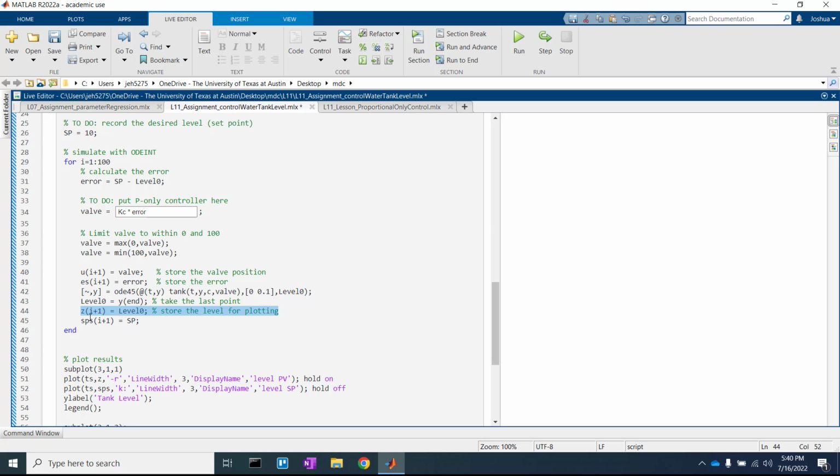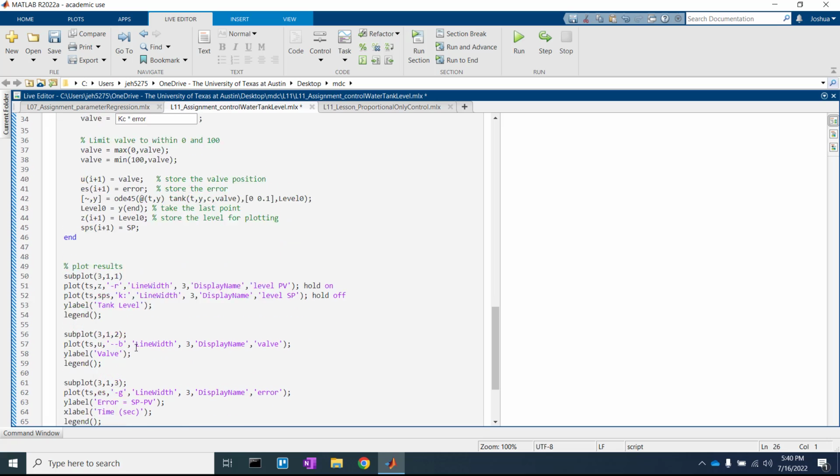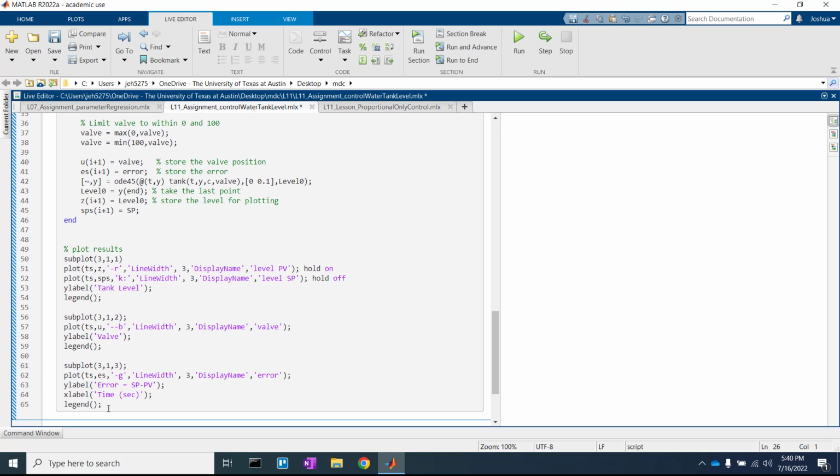And I just did z so that we don't mix it up with other variables. Finally, we set our set point at the next time as our set point. Right here. We could also change the whole array, make a whole array of set points, and that's what we'll do later in the course. Finally, we'll do a subplot with 3 different plots. We'll have one for the level, one for the valve setting, and one for the error over time.